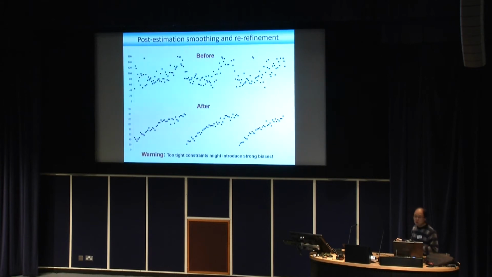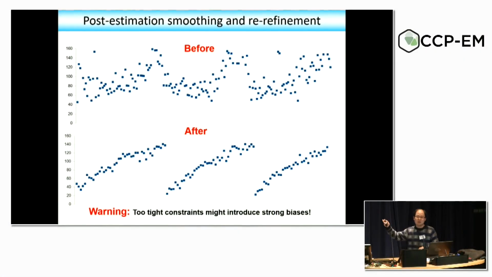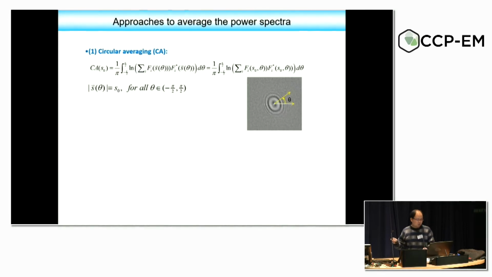But I should also warn people that this might be dangerous, because if the constraint is too tight, you might overfit the bias. In the ideal case, why not use a completely smooth curve to apply that value as your phase shift? That seems reasonable, but actually the smooth curve itself can be severely biased. So we don't want that. We just use that as a constraint to constrain the refinement rather than use that as the estimation.